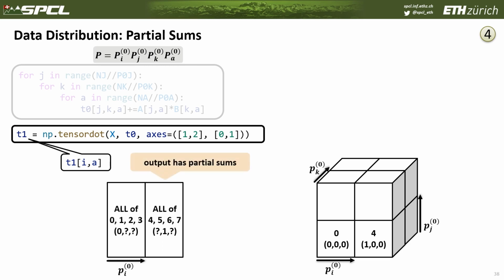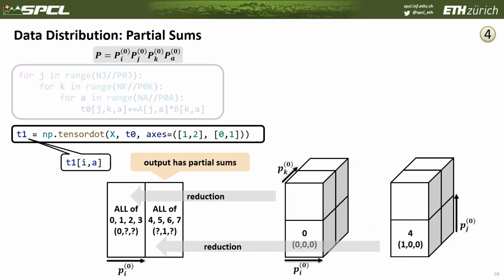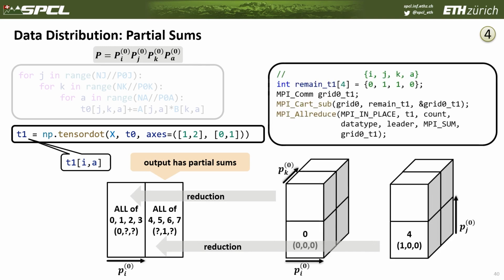The only difference is that this is not automatically replicated, but after each process completes its subcomputation, it's going to have a partial sum of this block. So we need to reduce all these partial sums together in order to get the complete result. With MPI, we will again create a Cartesian subcommunicator and then perform a reduce or an all reduce collective.